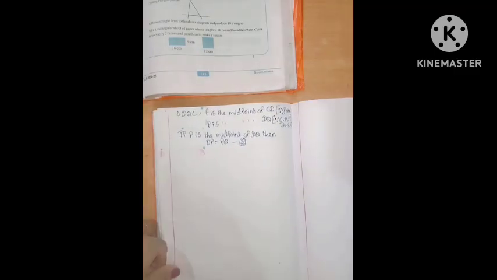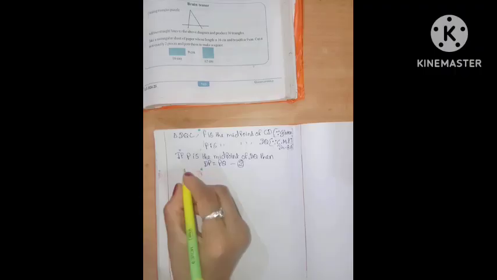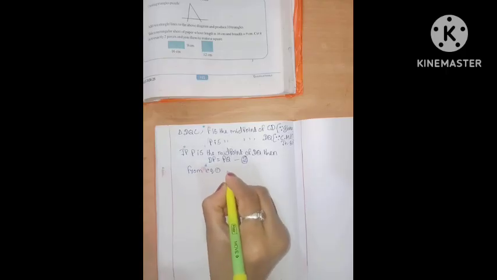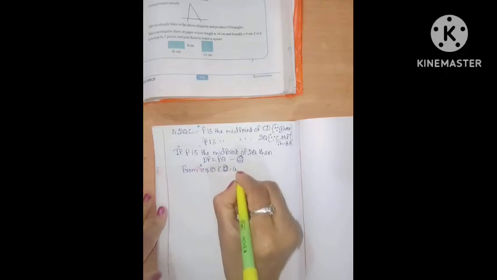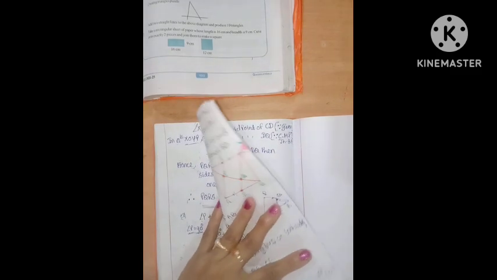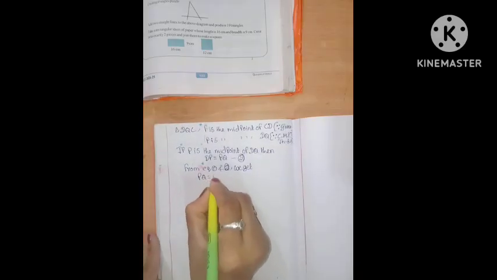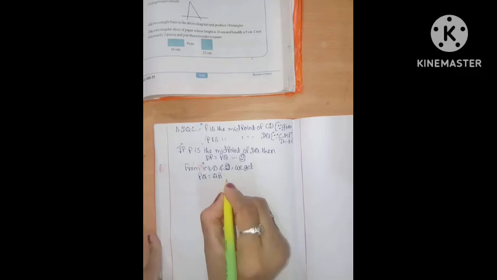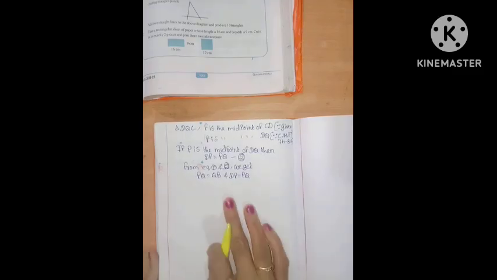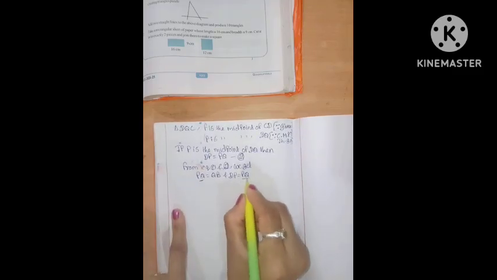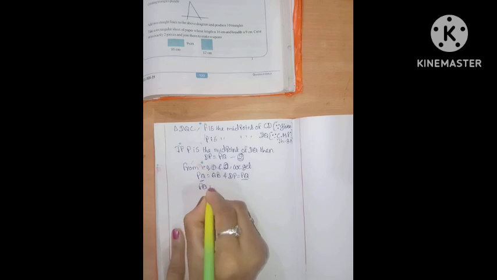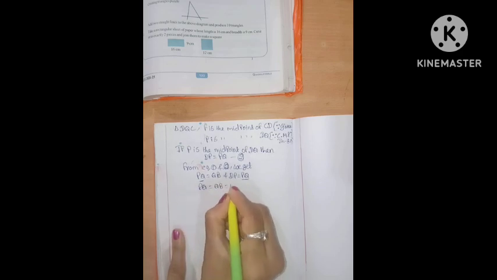From equations 1 and 2, what do we get? Equation number 1 is PQ equals QB, and the second equation is DP equals PQ. In these two, one side, PQ, is common. So PQ equals QB equals DP.